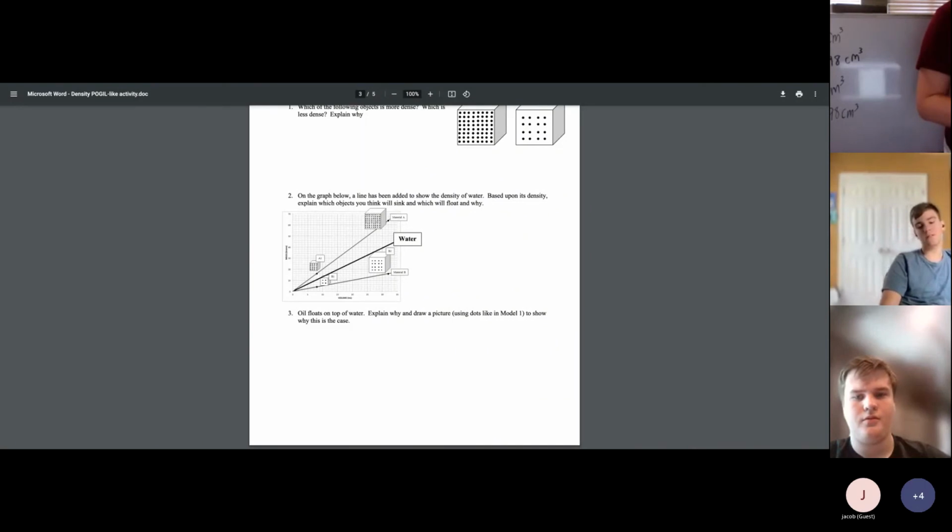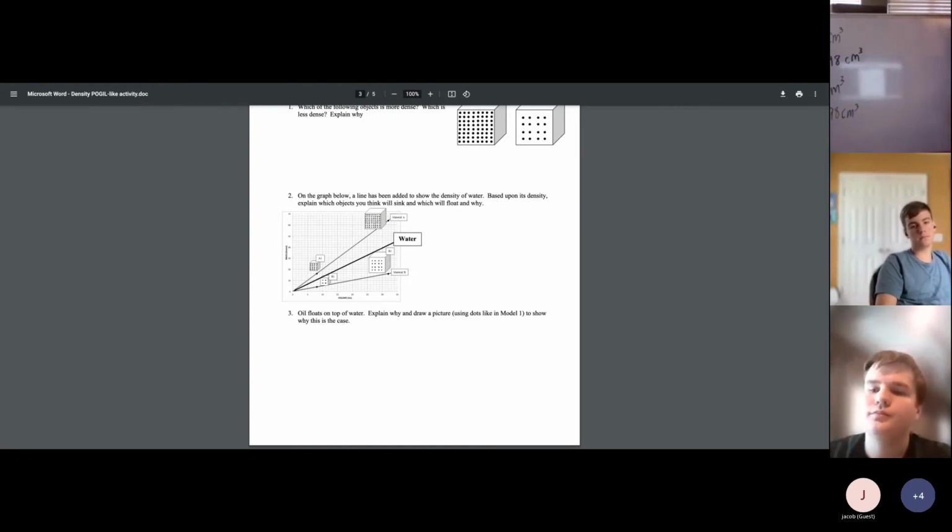Heavier than water, and it'll sink. It will sink. So for something to float, it has to be less dense than what it's being put into. For something to sink, it has to be more dense than what it's put into.